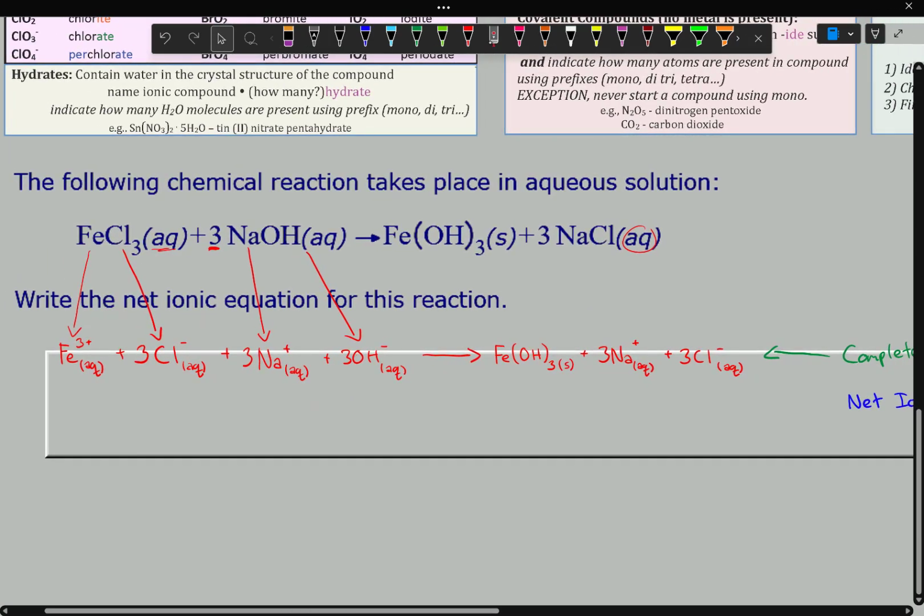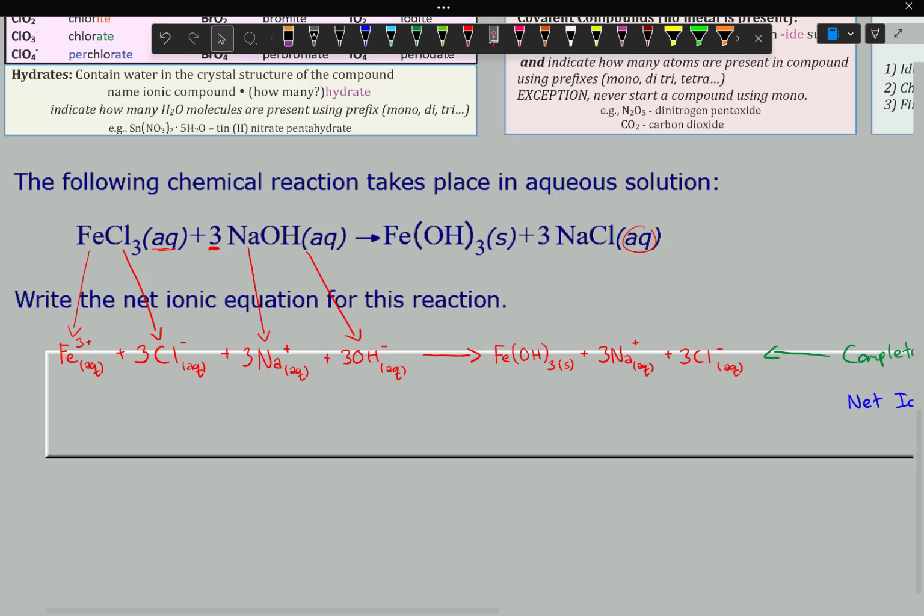Well, we want to look at both sides of this equation. And what we want to do is remove what are called intermediates. An intermediate is an ion that appears on both sides of the equation.